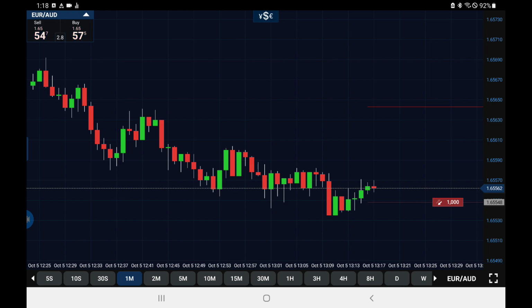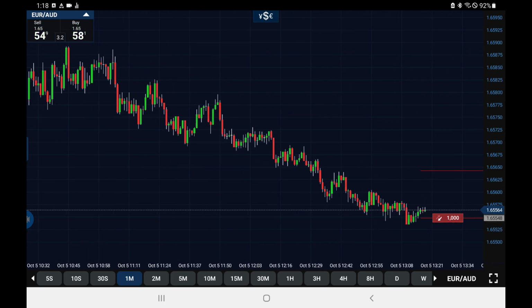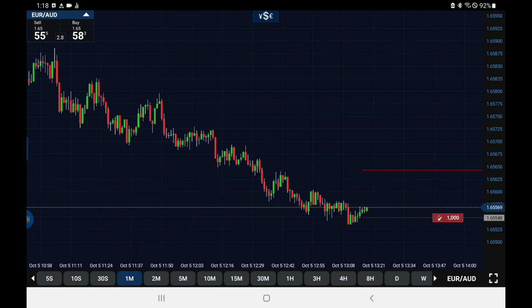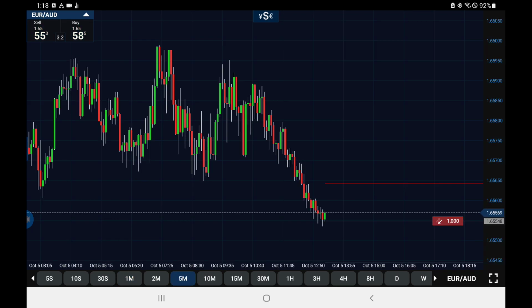For now, just look at the chart, try to decide if the price is going to go up or going to go down, and place a trade. Look for patterns. Look for places where the market tends to repeat itself. That way you can get an understanding of what the market is likely to do. The other thing is look at different times. Different times give you different information.